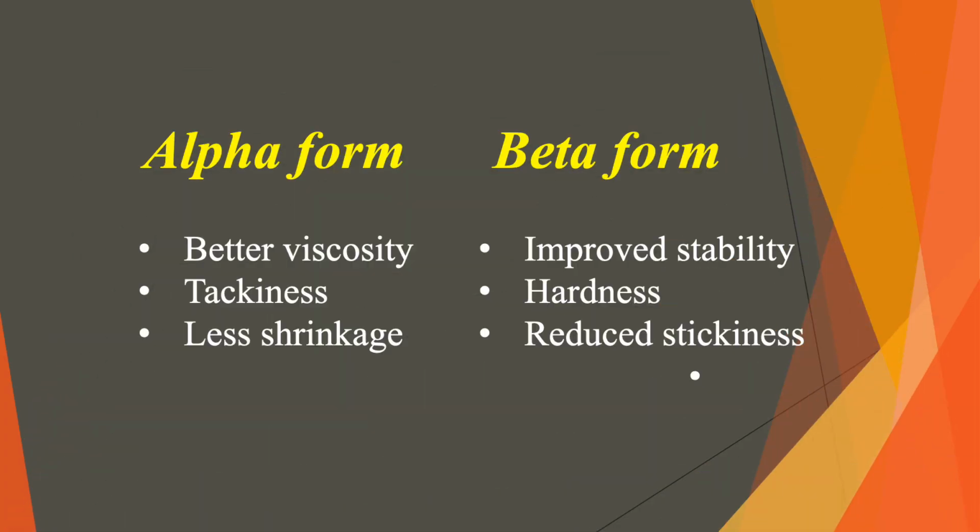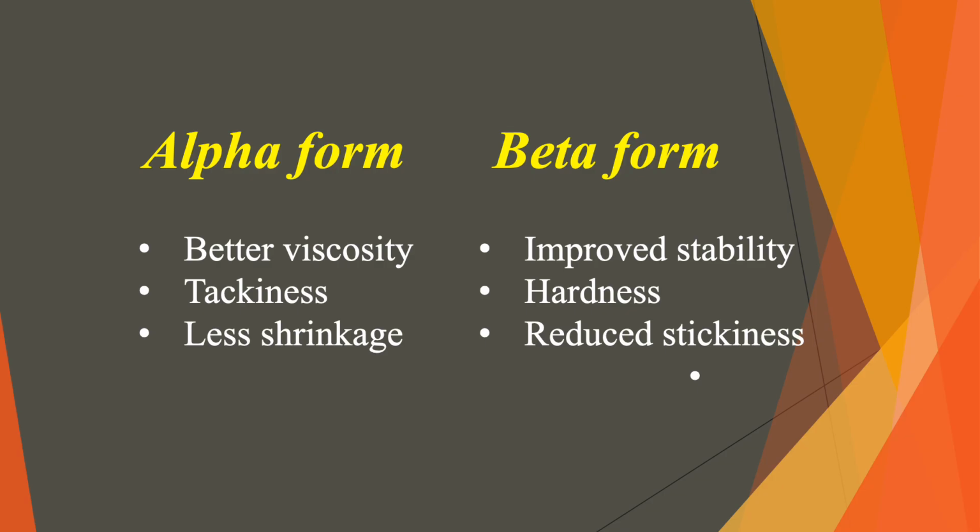Alpha form has better viscosity and tackiness, that means it's sticky, and less shrinkage. But the beta form is more stable and harder, and there is no tackiness in it.